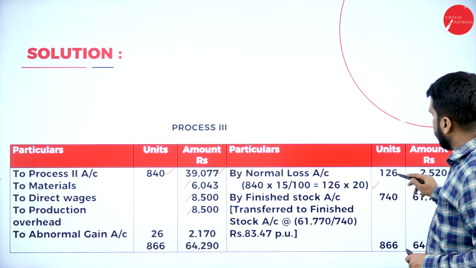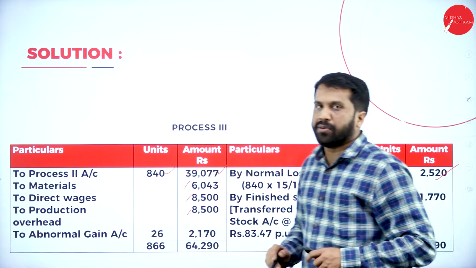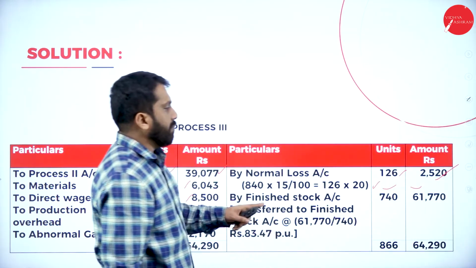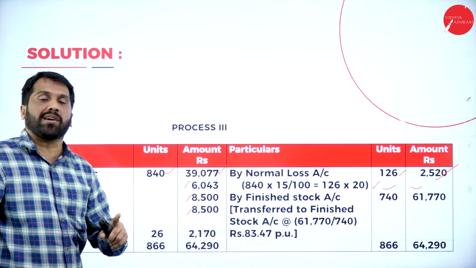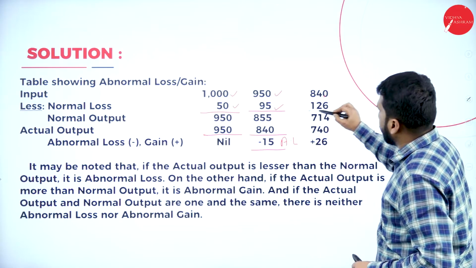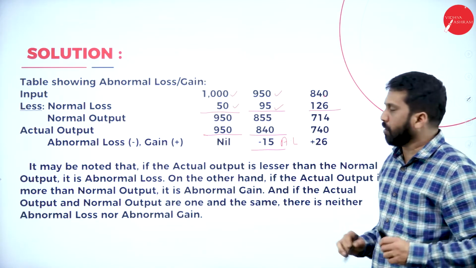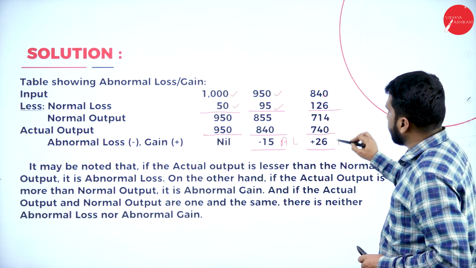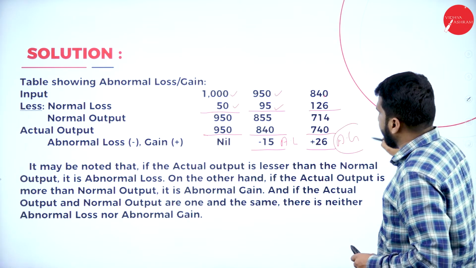Into 20, you got this value. And what is your output? You have written output. And whether it is a normal loss or abnormal gain, we'll find out. 840 minus 126, you got 714. Your closing is 740, plus 26 means abnormal gain.